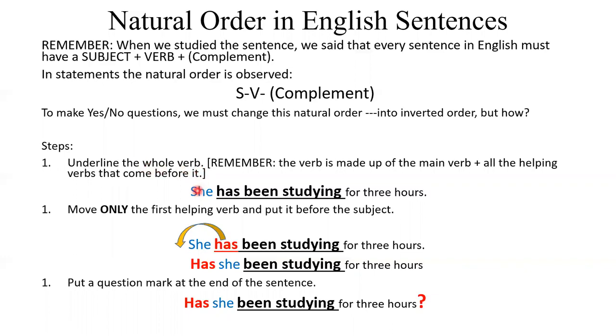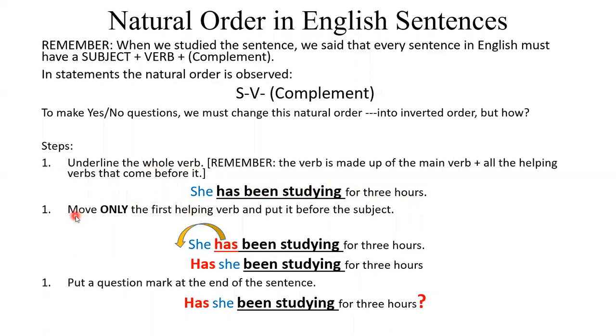So let's look at this sentence. She has been studying for 3 hours. If I want to change this sentence into a yes-no question, I have to underline the verb, has been studying. Now, what do I do after that? Notice, she is the subject, has been studying is the verb.